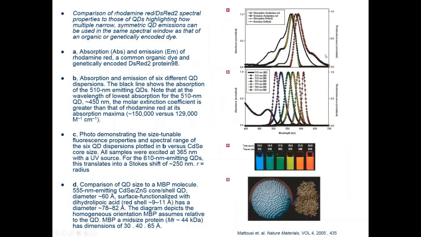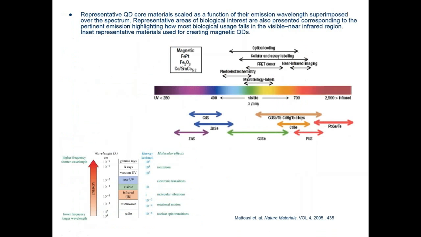Here, again, it shows you some of the absorption and fluorescence characteristics, and the fact that these nanoparticles are on the order of several nanometers means that they are in the region closer to that of enzymes or particular biomolecule assemblies. So what I'm trying to point out here is that quantum dots are very useful as alternative agents to the use of organic dyes.